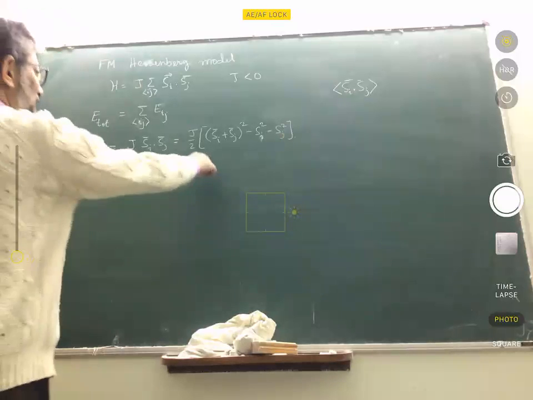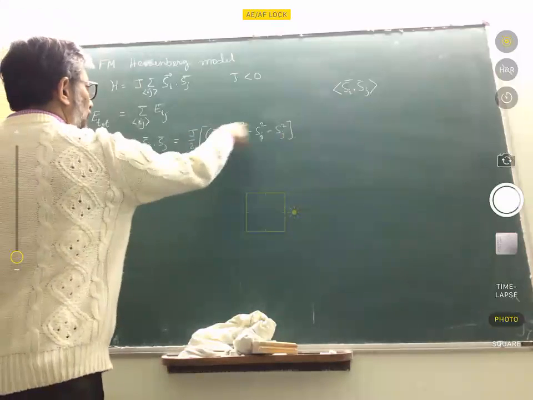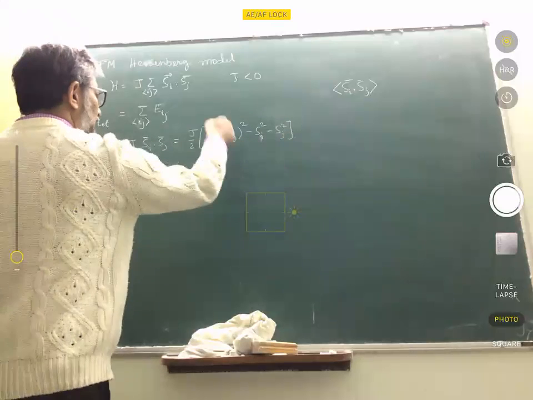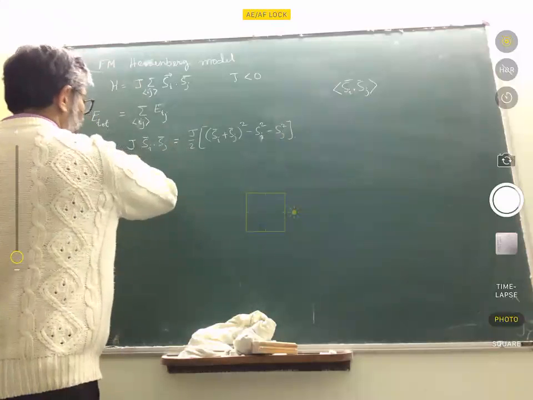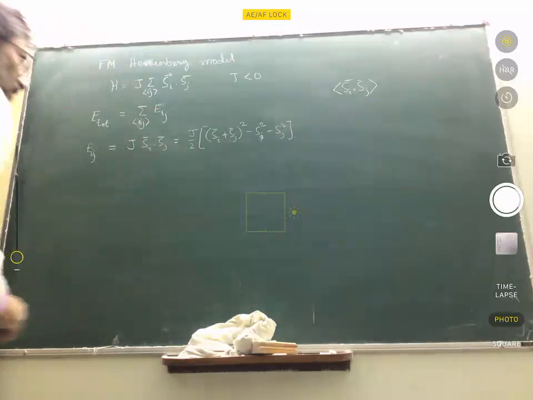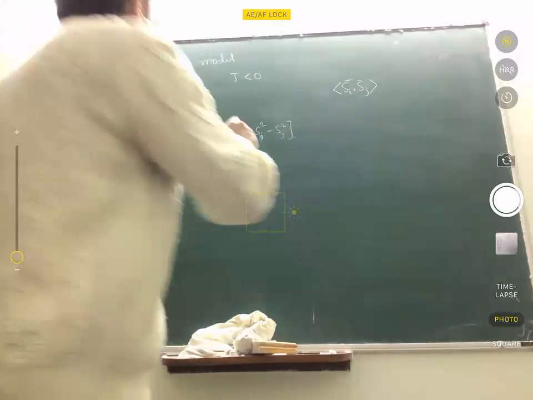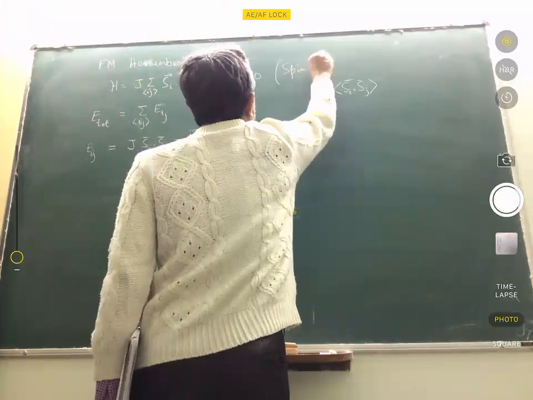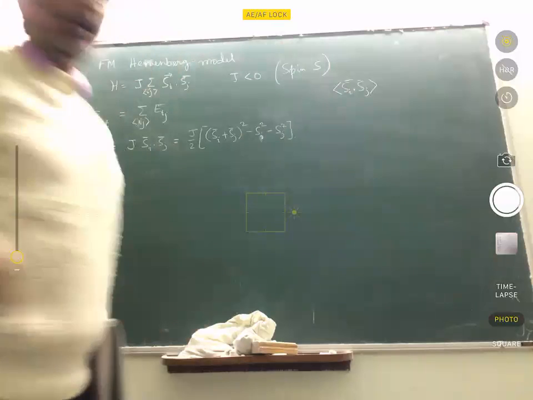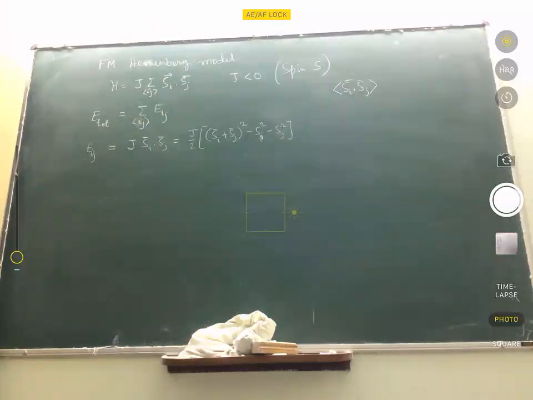You can easily see that the squares would cancel. You get 2 S_i dot S_j from here. The 2 cancels with these 2, so you get this. And there's a reason why we are writing it like this. Now, what we'll be talking about is the spin S Heisenberg model. The spin at each site, of course, is the same, and it's spin S. So we are not putting a special value of half or anything.